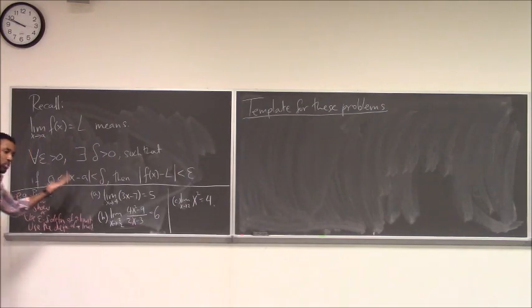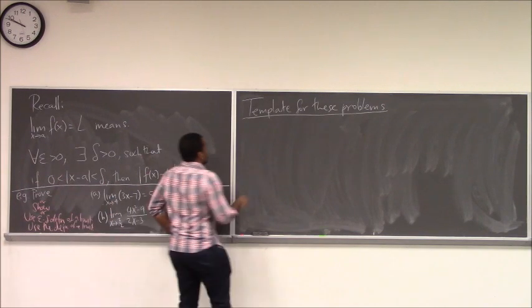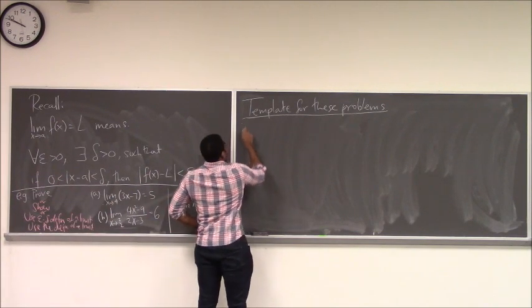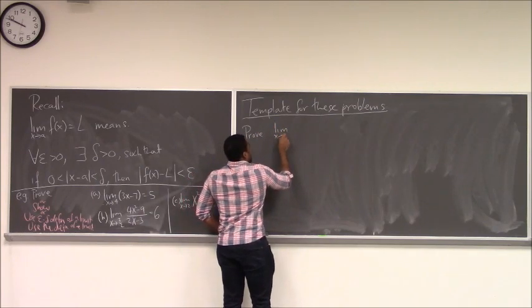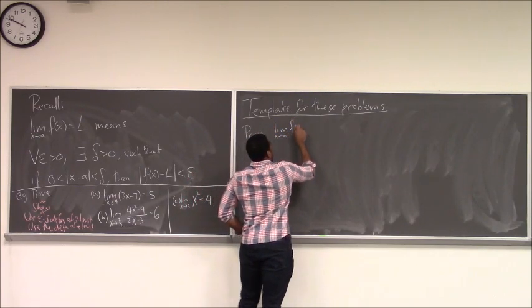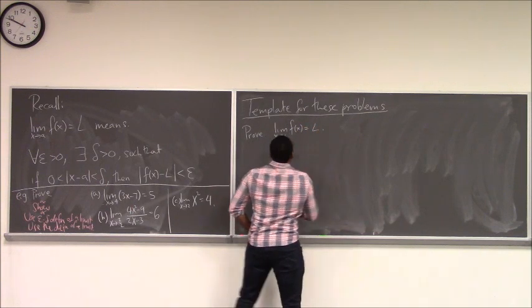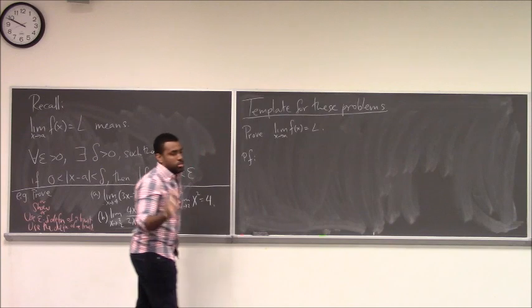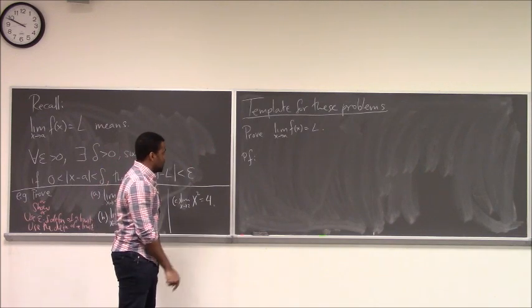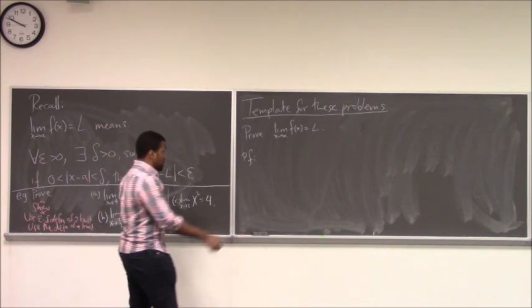If someone asks you to prove a limit exists, and you're in Calc 1, you're pretty much going to regurgitate this exact argument, where you're going to fill in some details with calculations. Right, so if someone says prove that the limit as x approaches a of f of x equals L, you can write down the proof. It's just me writing short for proof, because I'm too lazy to write down the 3 extra letters.